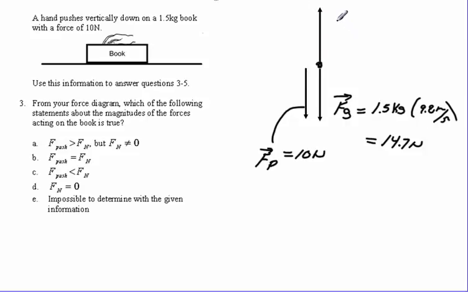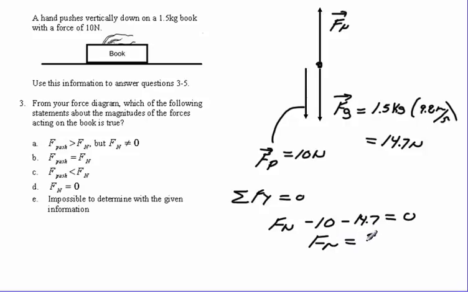And obviously, if we sum our forces in the y, which I will do, summation of forces in the y is equal to 0 because this book is not going to be accelerating back through the surface. So that's going to give me my normal force minus 10 minus 14.7 is equal to 0. Move these to the other side. My normal force will equal 24.7 newtons.